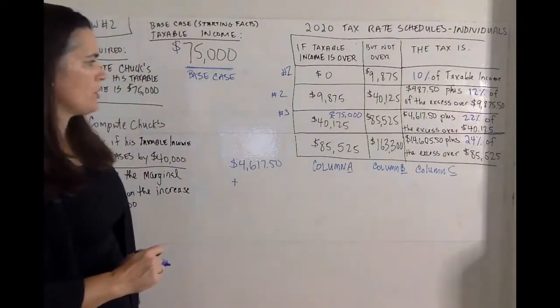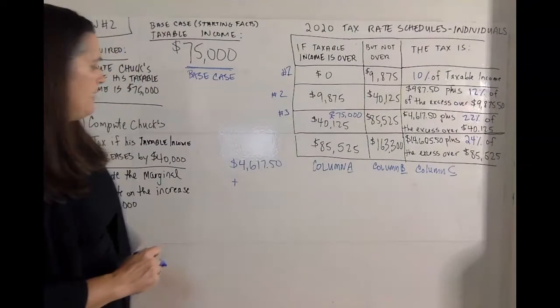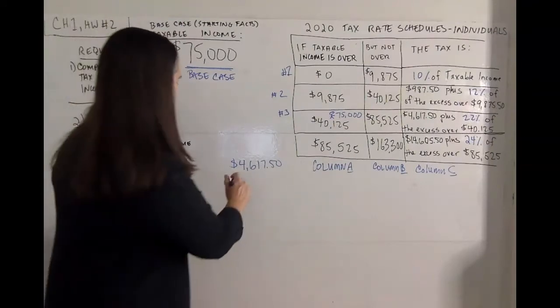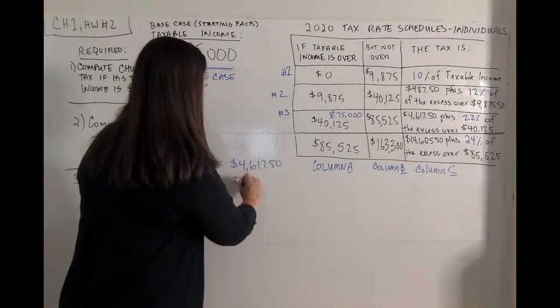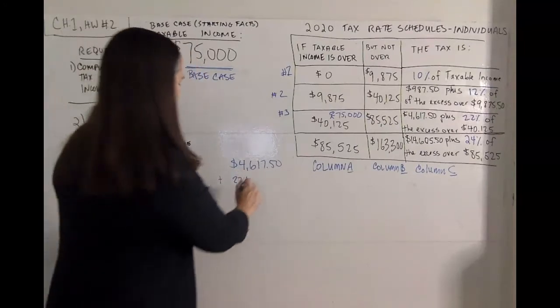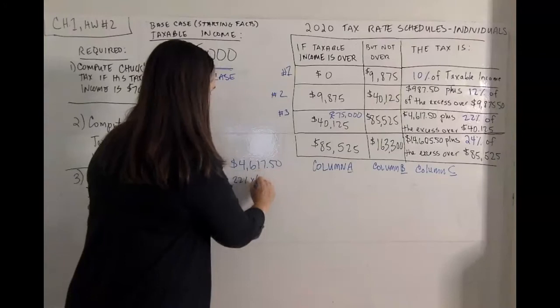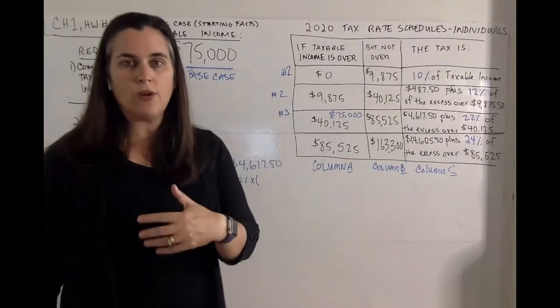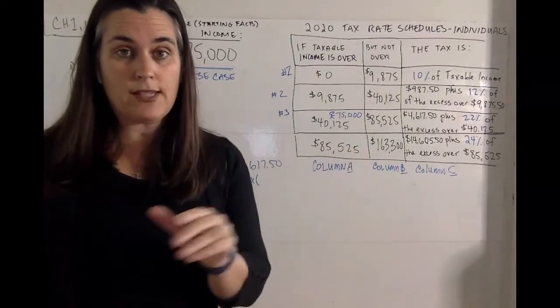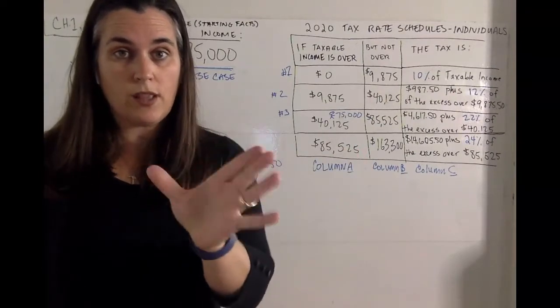Okay, so let's compute that. I'm going to do a plus out here, and I'm going to do 22% of the excess. So 22% times the excess over 40,125. Now, we have to understand how to read this schedule. It's a little abbreviated, the language that we're given here.